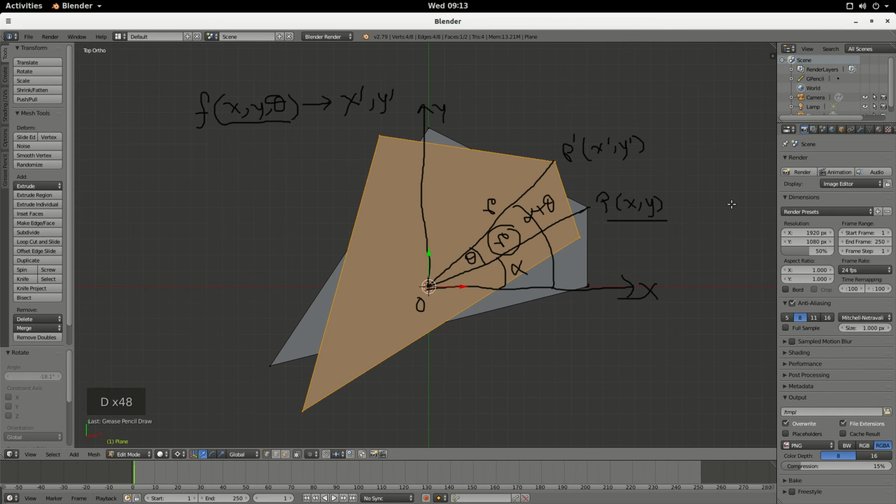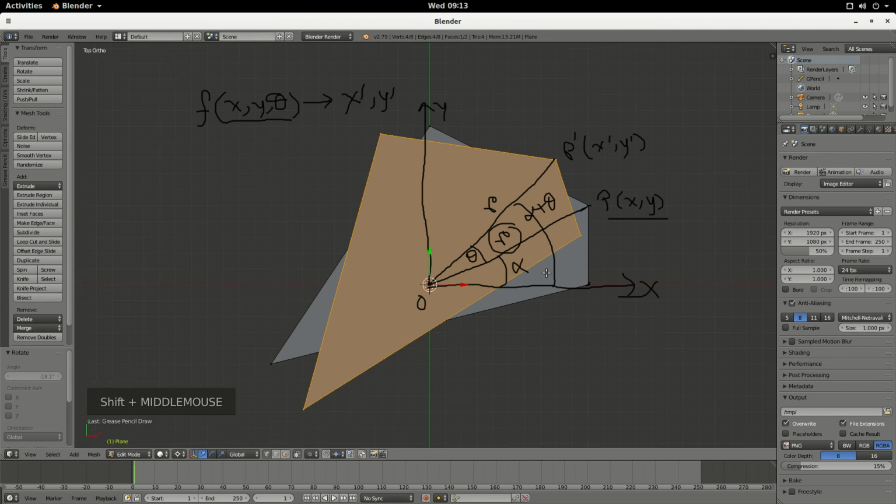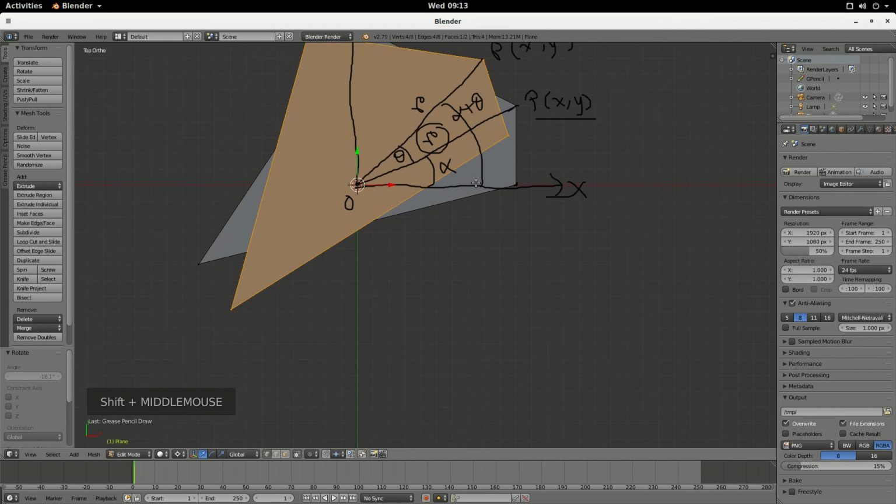Now if you understand this part, it's actually very easy to write this formula. For the original point, we can say x is equal to, no, r cos alpha rather. The angle over here is alpha, and x is the distance from here to there.